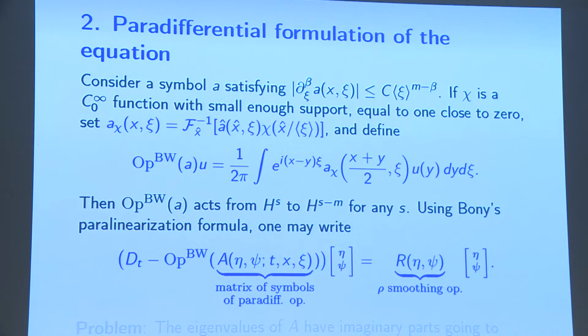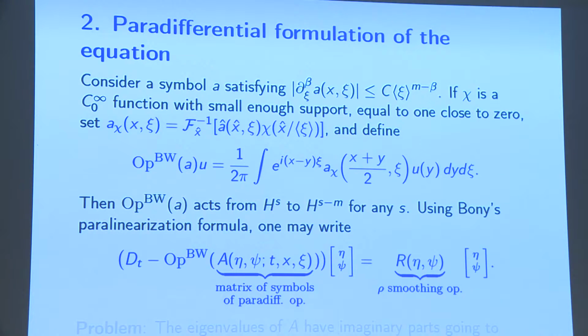And one defines from the function A a new function, A chi, in the following way. One takes the Fourier transform of A relatively to the x variable, which gives A hat of x hat, xi. One multiplies by the cutoff chi of x hat over xi and takes the inverse Fourier transform.